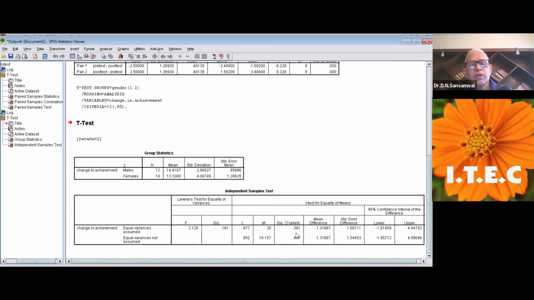So here your male and female, the male mean is 14.42 and female is 13.10 and standard deviation 2.97 and 4.07, and your t-value is 0.88 and it is not significant.